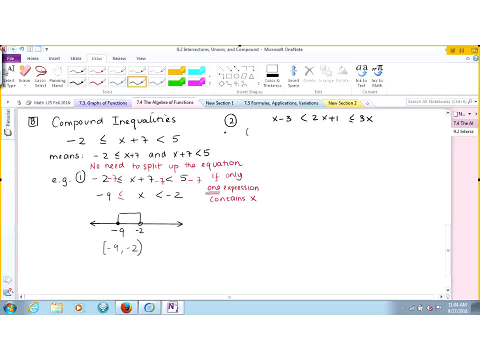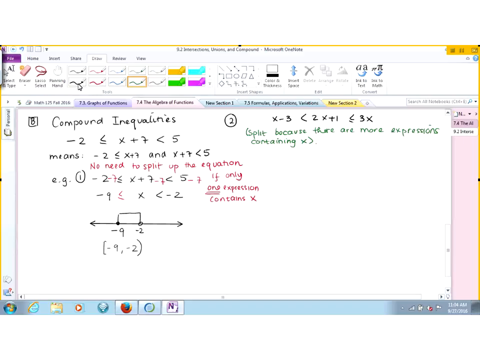So I'm going to write here, note, split, because there are more expressions containing x. All right, so you're going to split it up.